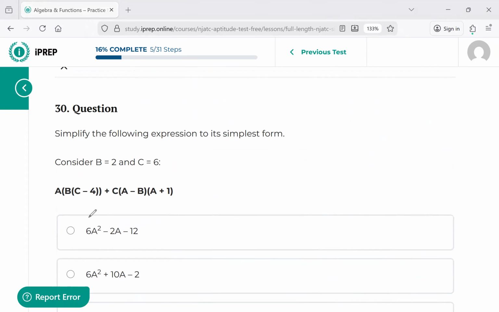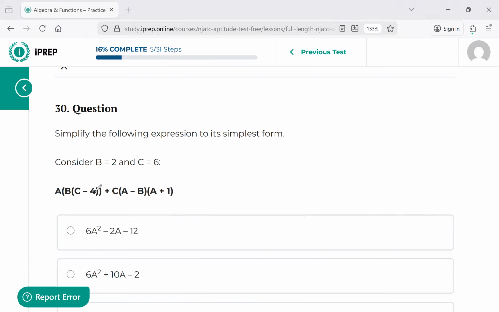This one, consider b equals 2 and c equals 6. And we've got to simplify it. If you look at all choices, they're all in terms of a. So let's just plug it back in. So be careful.